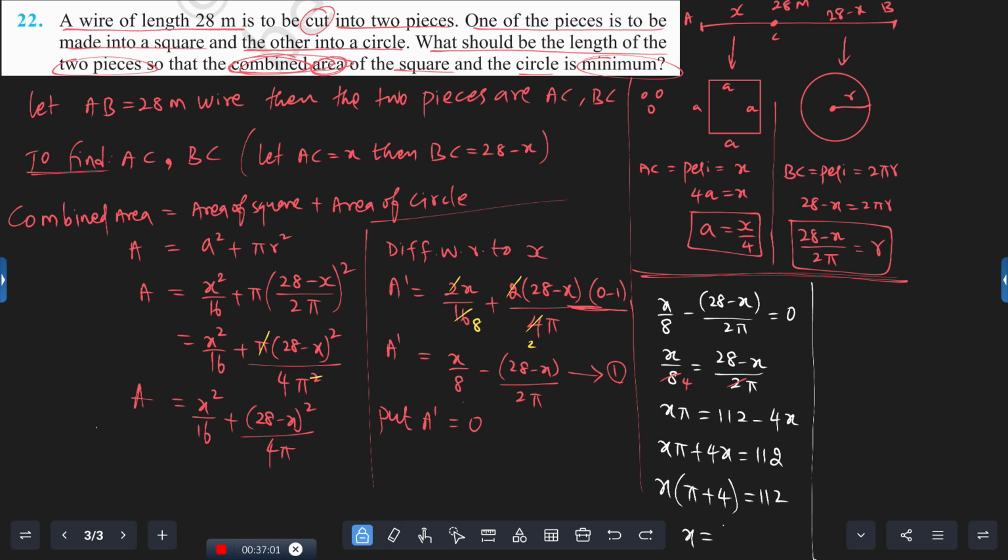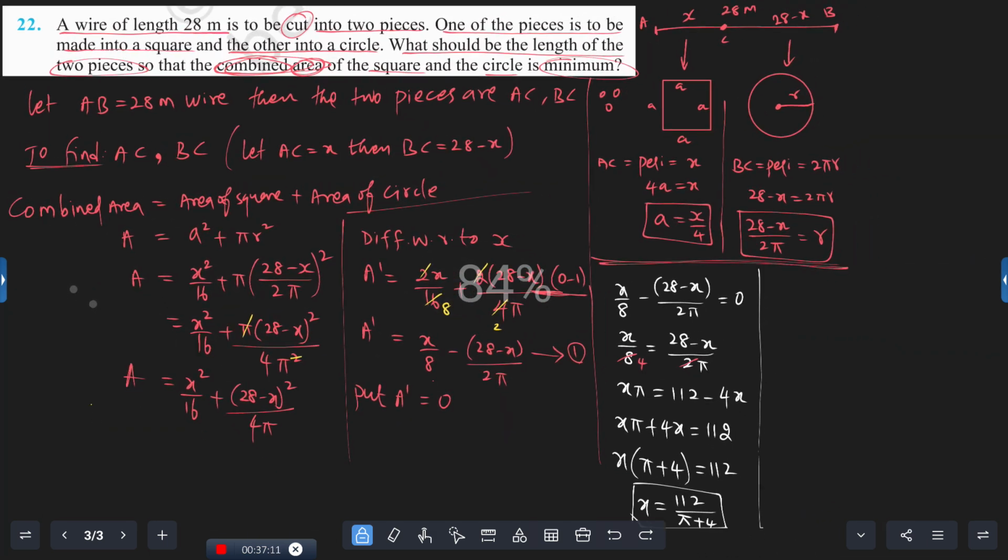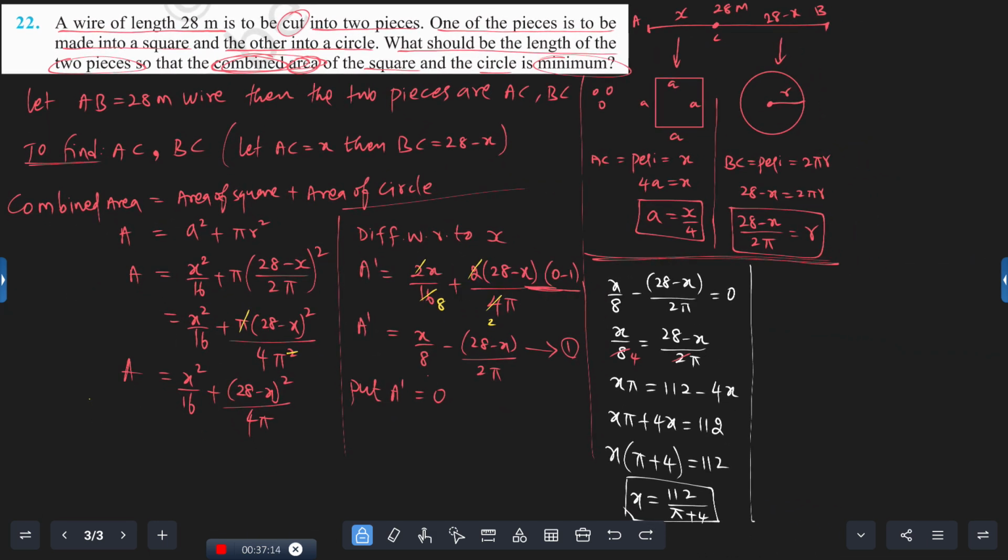Then x is equal to 112 divided by pi plus 4. This is my required value of x.